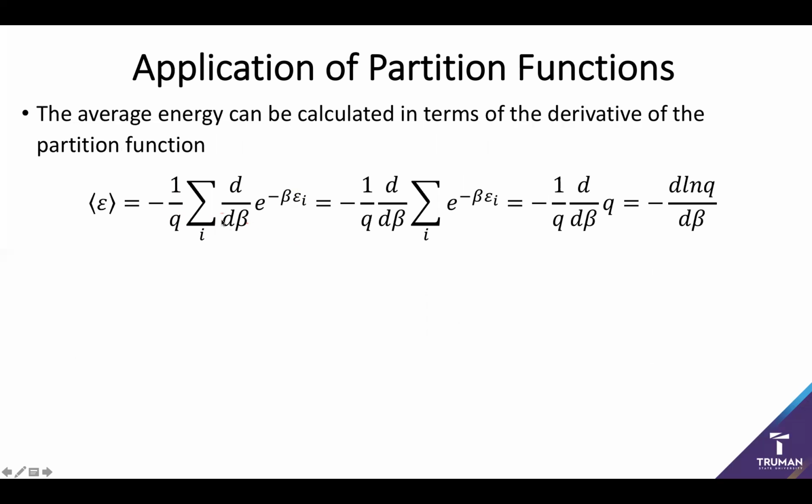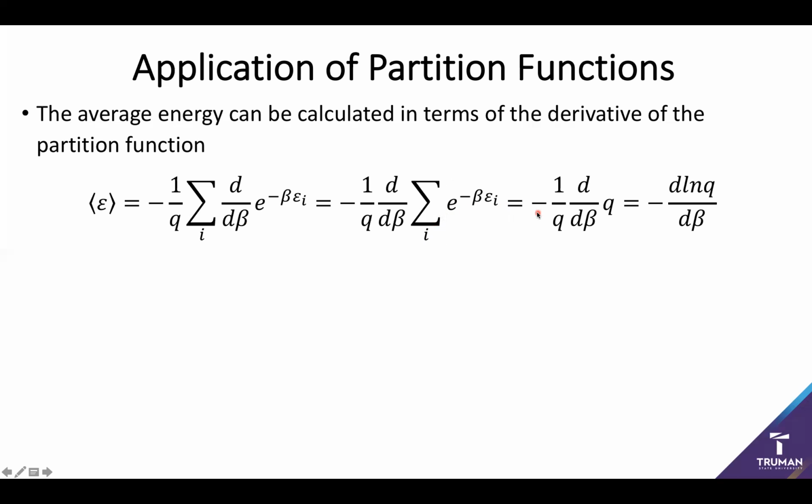But you'll notice this derivative has no dependence on what state I'm in, so I can actually pull the sum inside the derivative. Now I've simplified to the sum of the exponential of negative beta times Ei. Well, this is our exact definition of the partition function.